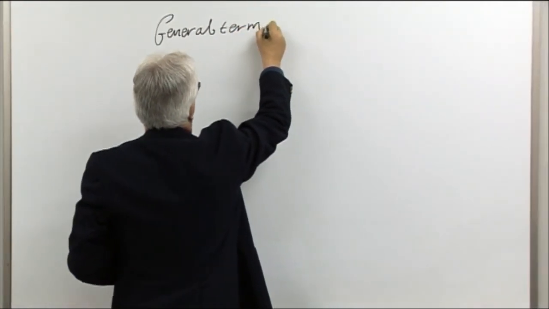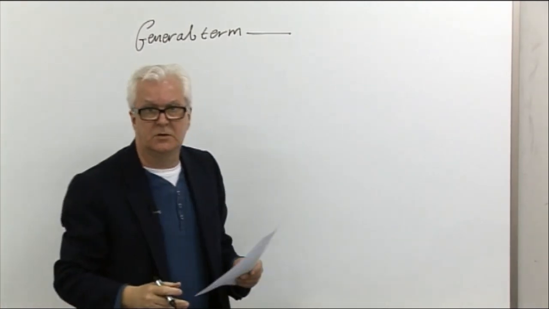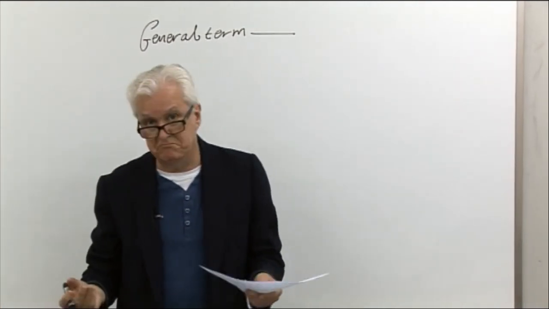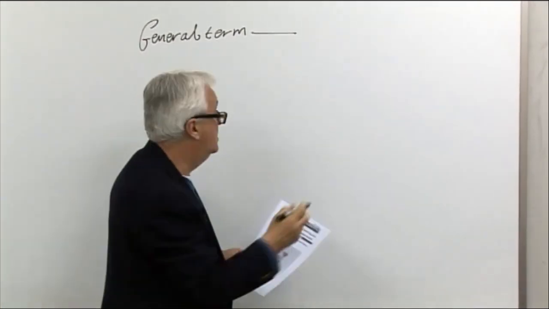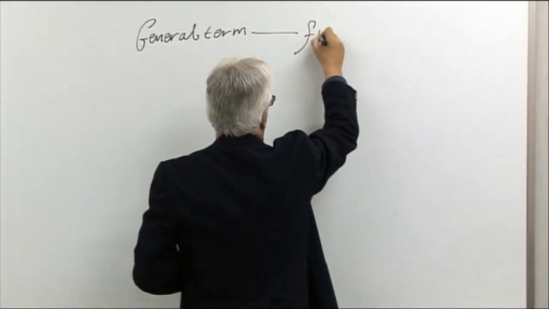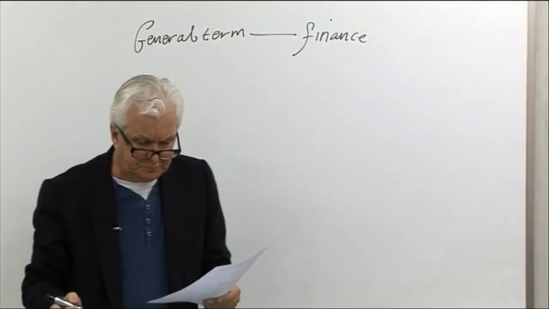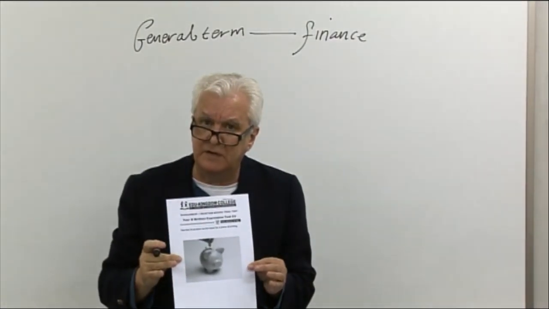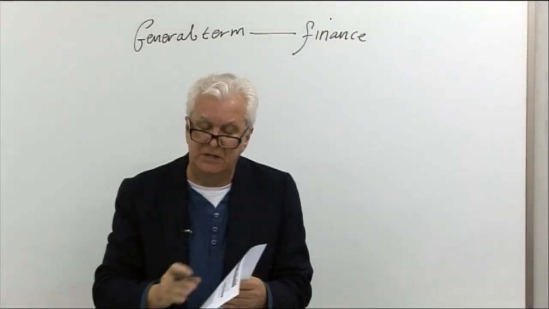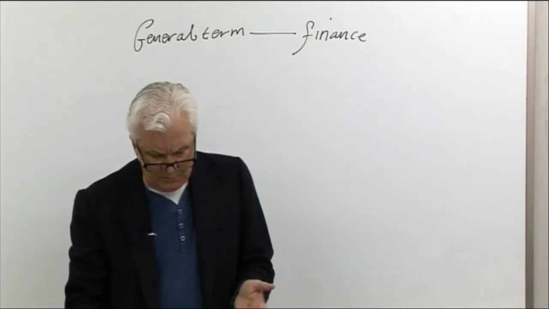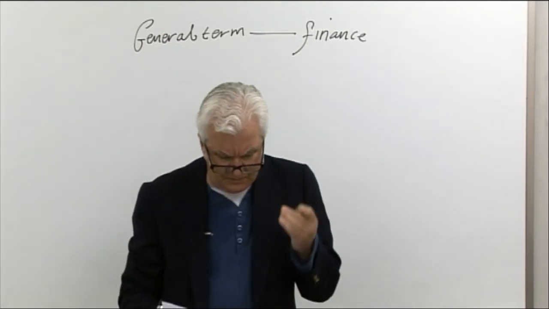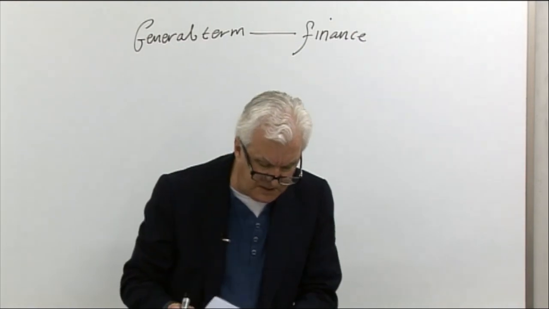The general term for this particular one would be finance. So that would be the general term, because as I said, it's about saving. So finance is the general term. Then we would have to say, okay, so what's our focused term here?